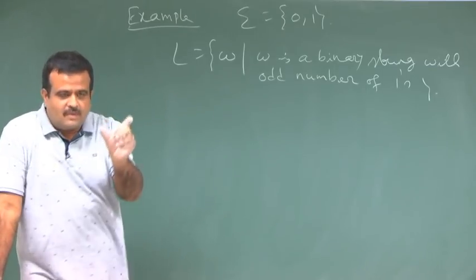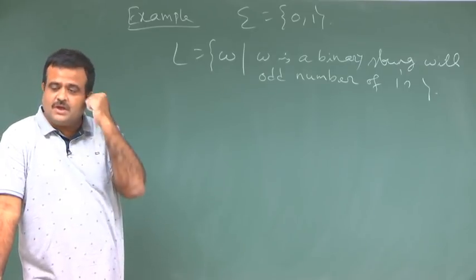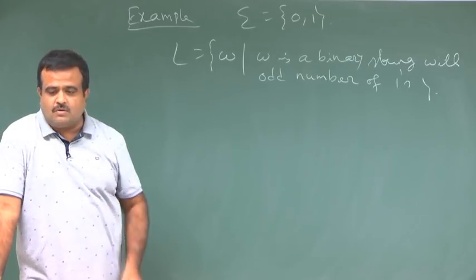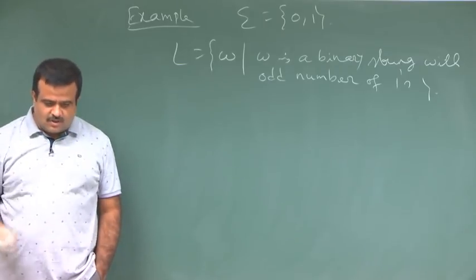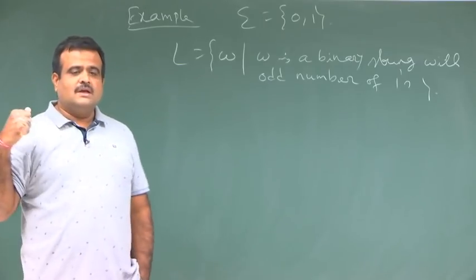That means the strings are coming from the input symbols 0 and 1, so each is a sequence of 0 and 1 symbols.